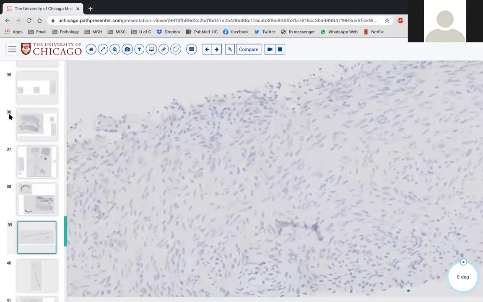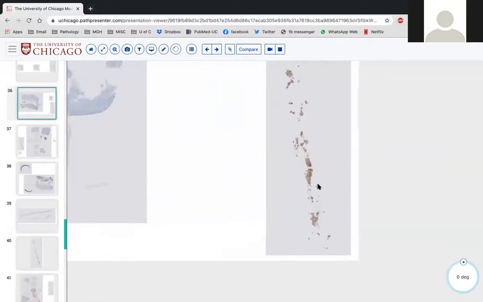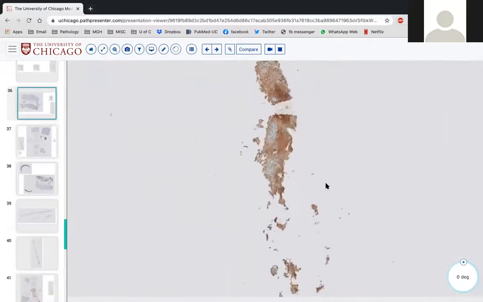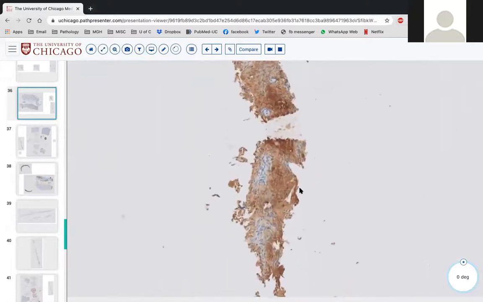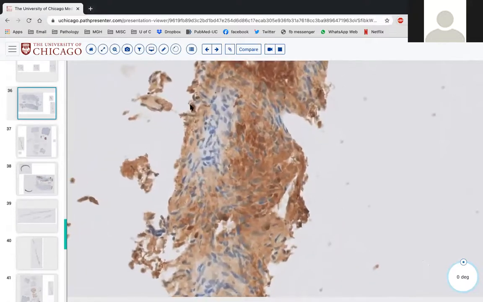We have an S100, which is pretty nicely positive, but similar to the calponin, whether it's preservation of these tissue cores or some kind of loss, it is staining a little oddly. Do we have a SOX10? Yes, we do.